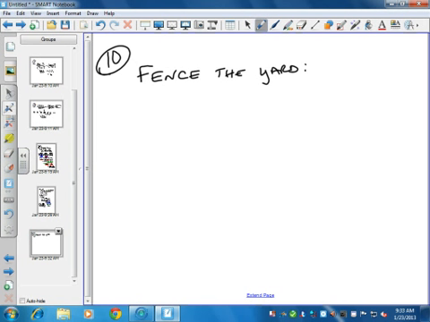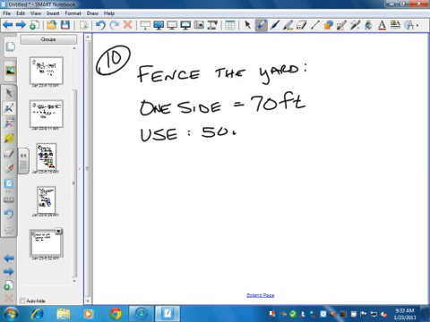She wants to use the entire back of the house, 70 feet long, as one side of the yard. So one side is 70 feet. And she has 50 yards of fencing. And they want to find the largest amount of space that they can enclose.